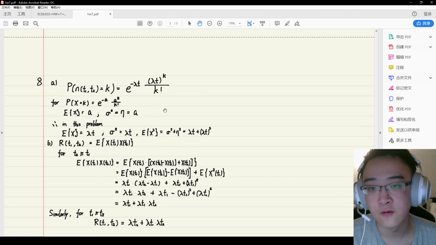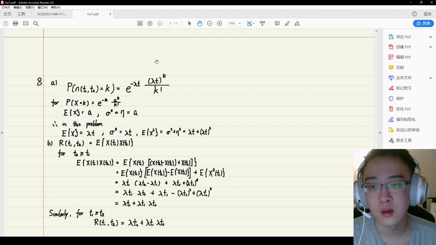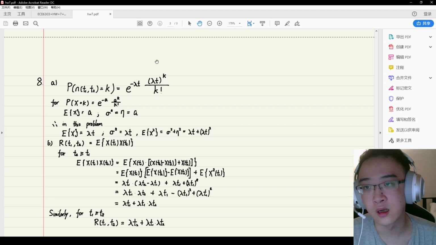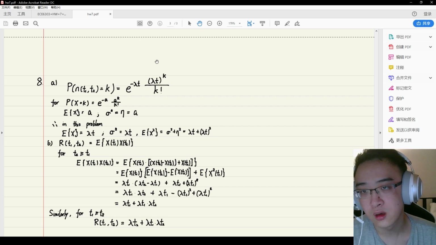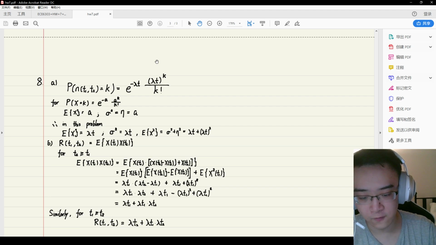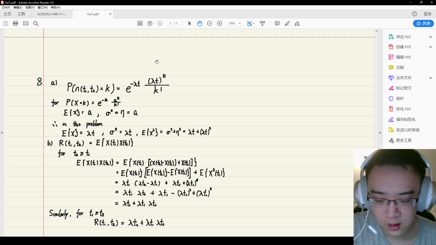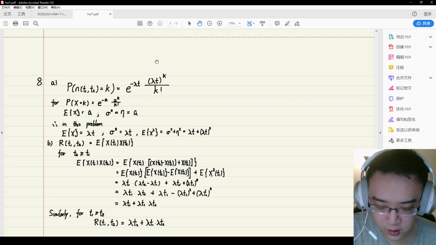For this function, we have a similar Poisson, the general Poisson expression as we mentioned before. The features are in the Poisson distribution.